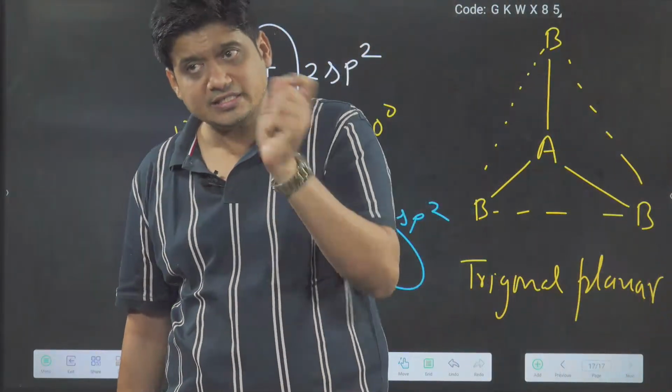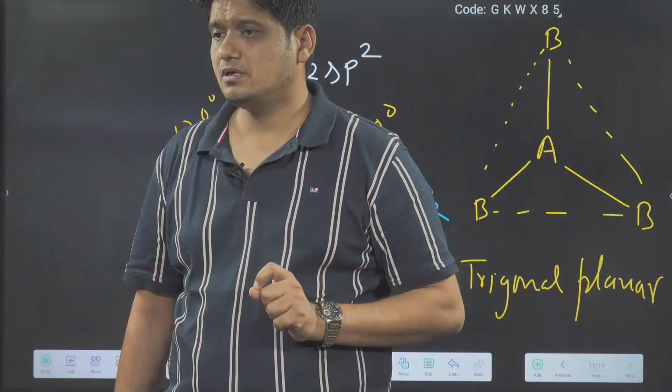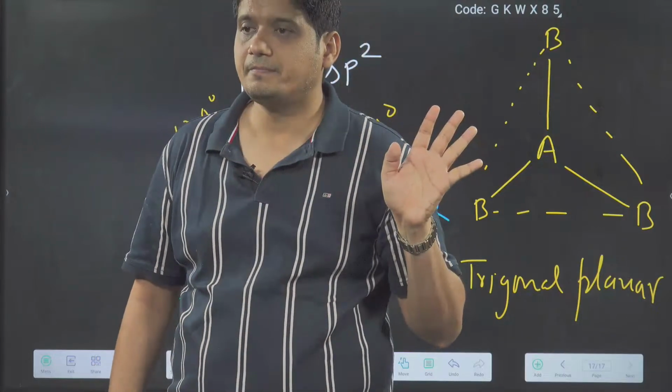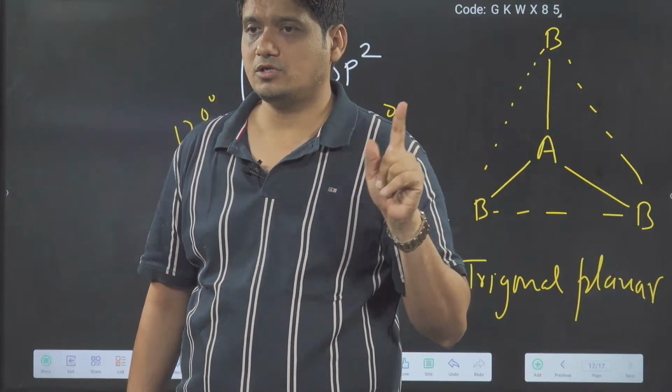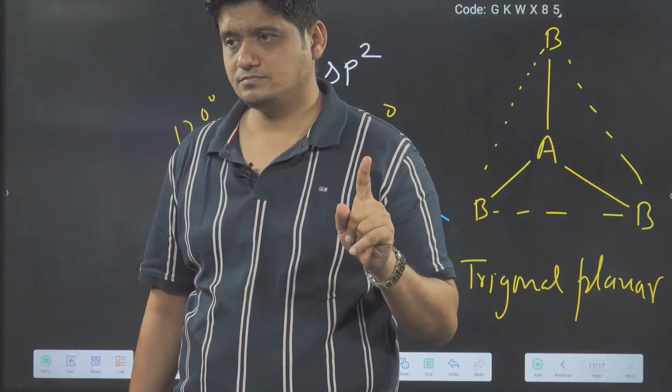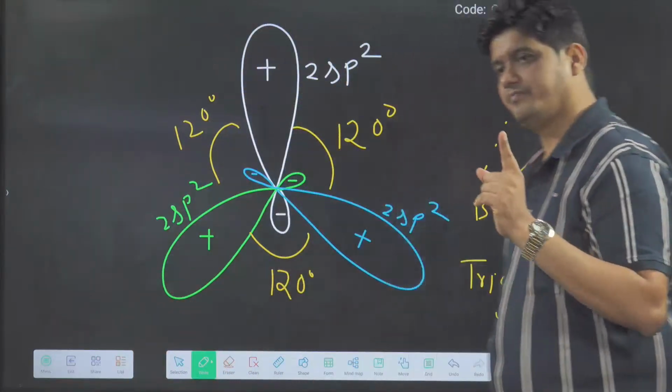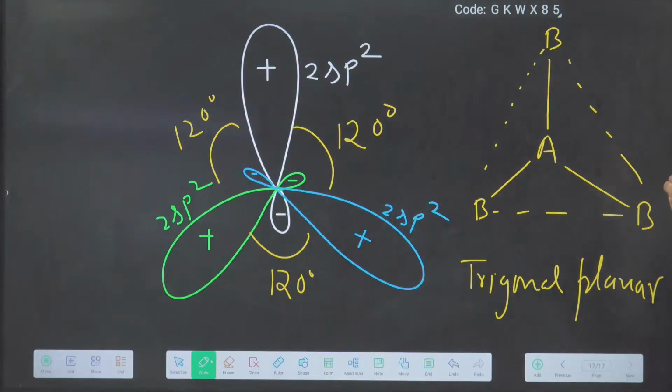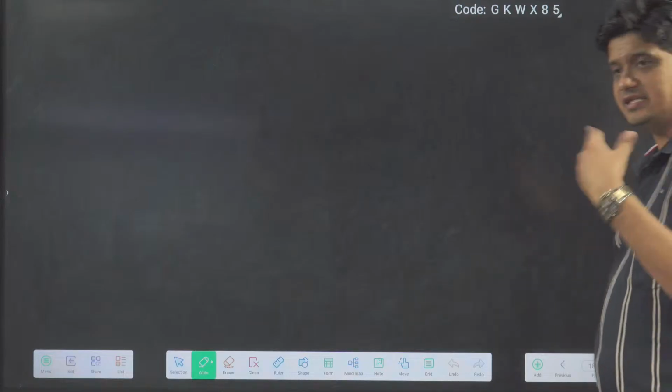Means the theory is hypothetical, but molecules are real. Got the concept or not? So we can say hybridization is mathematical manipulation only.